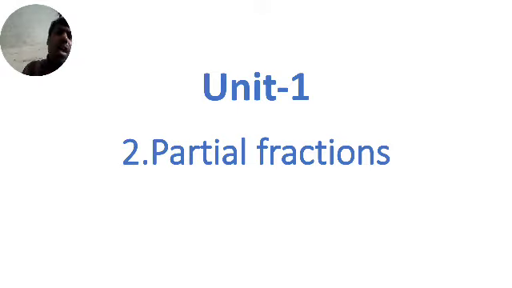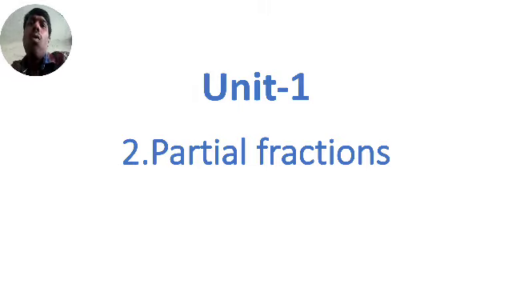You know addition of fractions, you know subtraction of fractions. Once you add 1 by 2 plus 5 by 2, you get 6 by 2. Can you write 6 by 2 as 1 by 2 plus 5 by 2? Writing 6 by 2 as a sum of 1 by 2 plus 5 by 2, these 1 by 2 and 5 by 2 are called partial fractions.